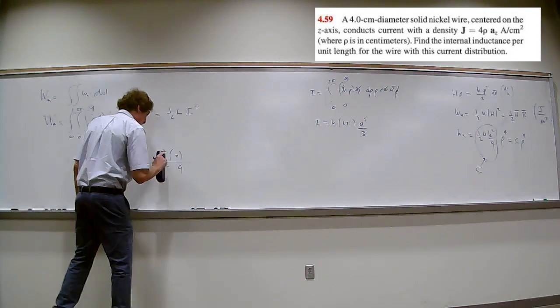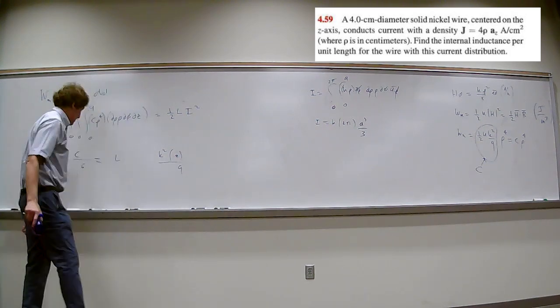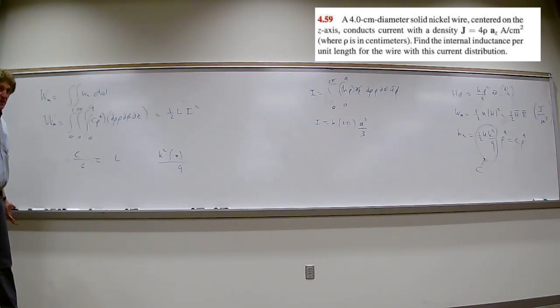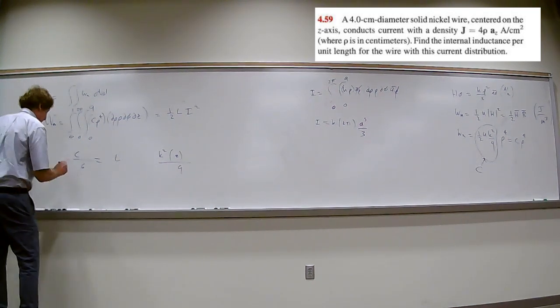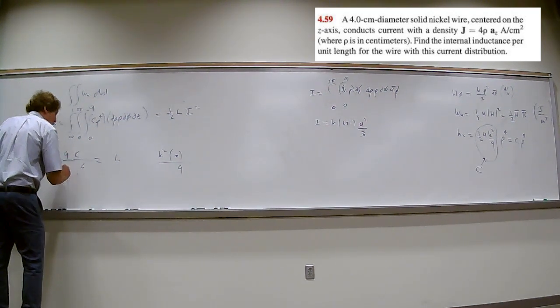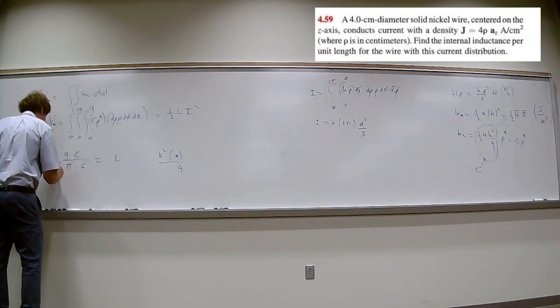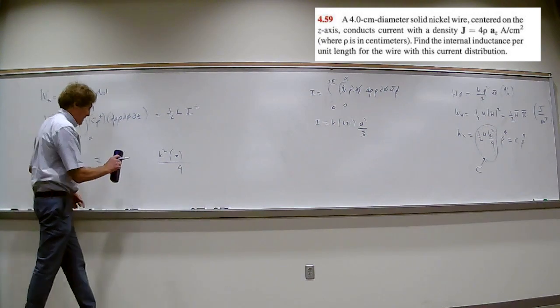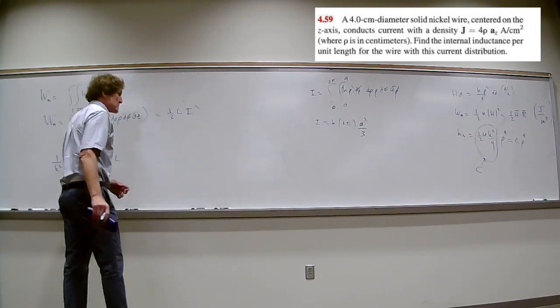I hope everybody follows me on this. I'm just trying to get it down to something that's solvable easily. Then invert the pi over 9 and the k squared. So now I have 9 over pi divided by 1 over k squared. And that should be the internal inductance.